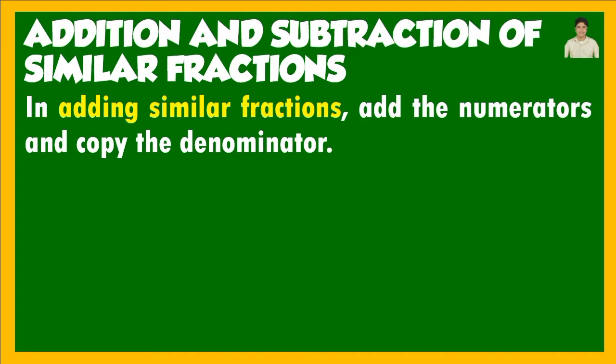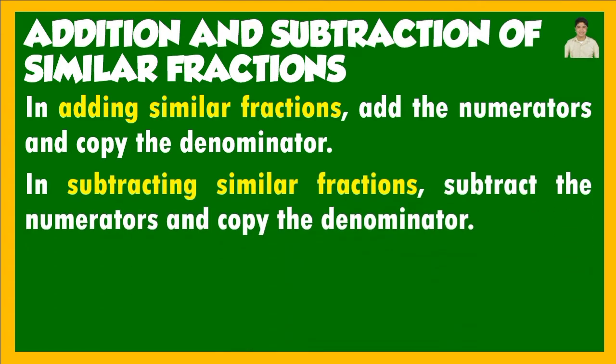Ito po yung mga numbers na nakasulat sa itaas ng fraction bar. On the other hand, in subtracting similar fractions, subtract the numerators and copy the denominator. Ang pinagkaiba lang po ng process nila is yung operation.